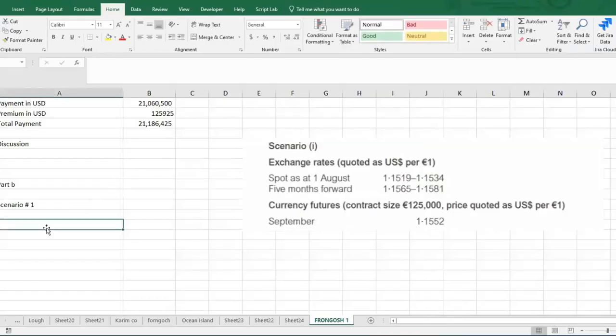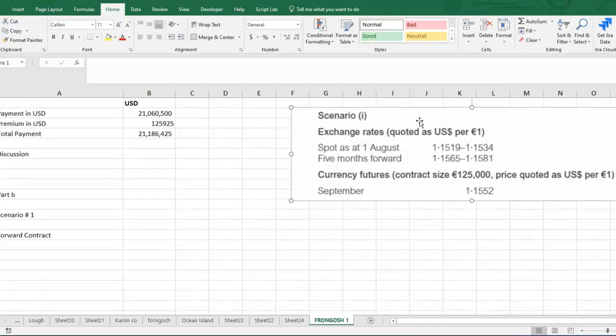What is the first contract which we have done? Forward contract. Guys, remember, forward contract is a binding contract. Whatever happens in the future, forward contract will not change.